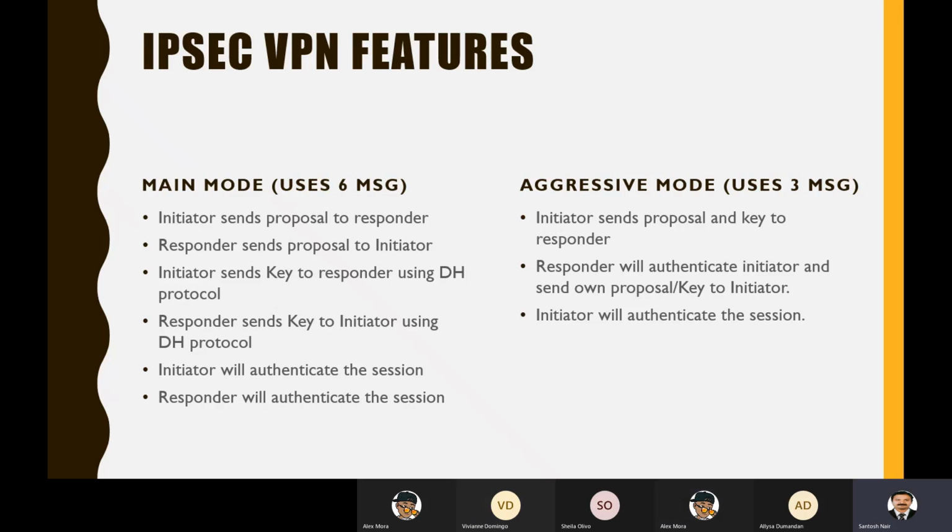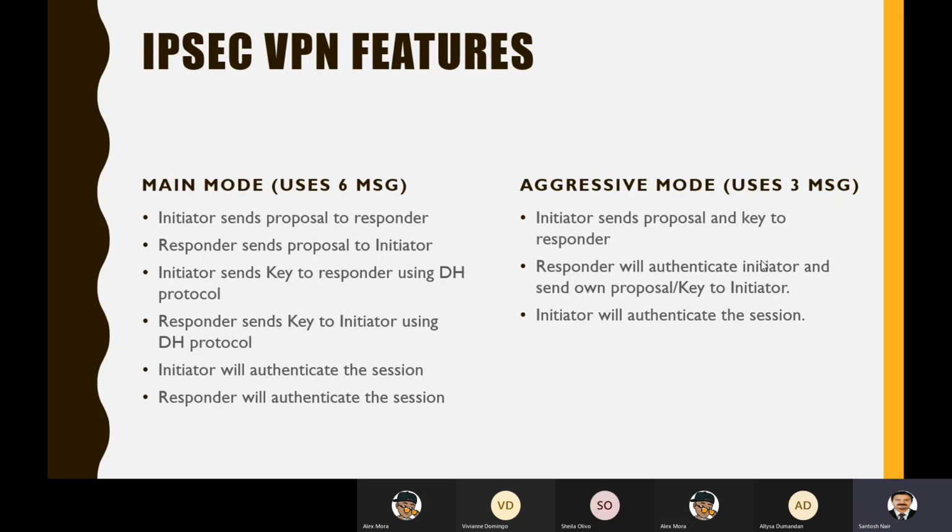Okay. So in aggressive mode, when the initiator is initially sending the proposal, it will send the key also. Then the responder will also send the key, as well as its own proposal.